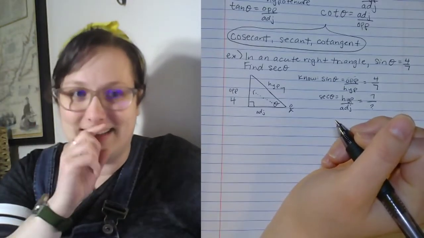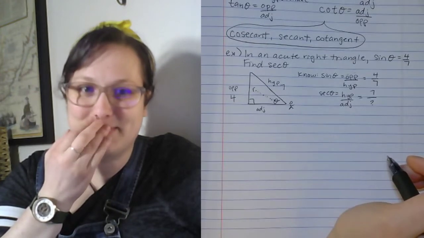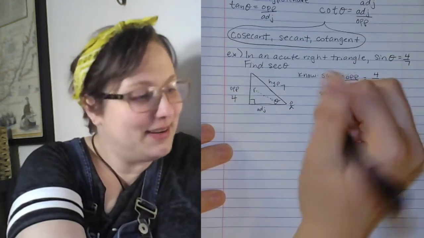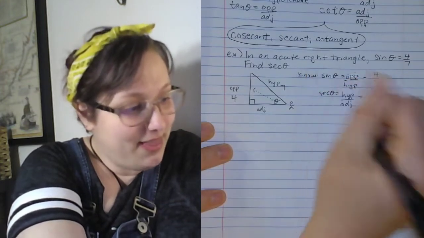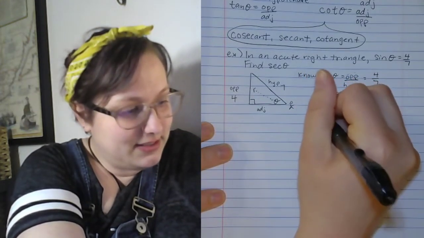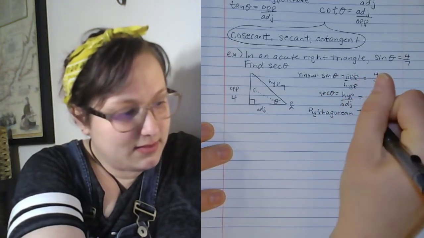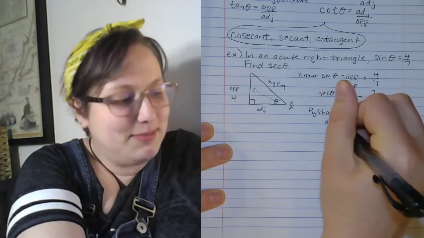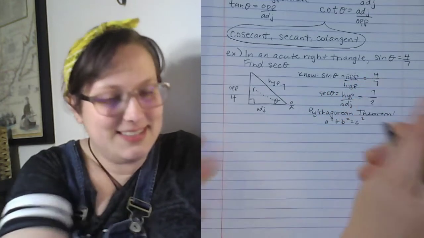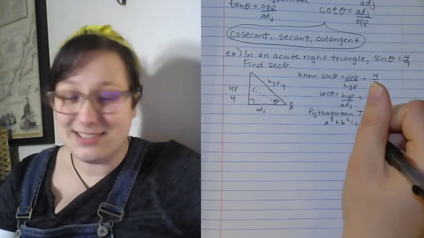Let me give you just a second to see if you can figure out what it is. I think you got it. But there's this thing called the Pythagorean Theorem, which is a squared plus b squared equals c squared. And c, in this case, is always the hypotenuse.